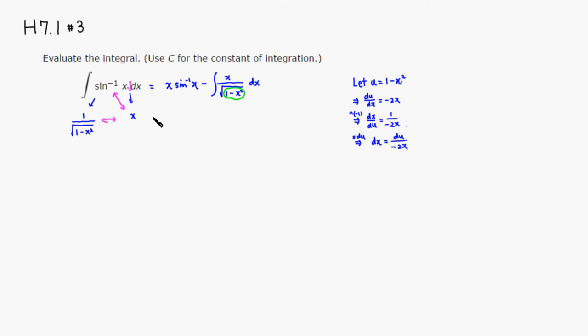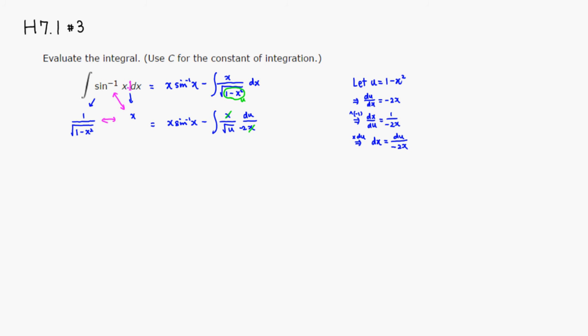So x arc sine of x is already finished. Then you have a minus sign here. Then we have x, I'm going to leave x as it is for now. Then we have a square root of u, since we decided to call that u. dx we just found to be du over negative 2x, so we can cancel x and x there.